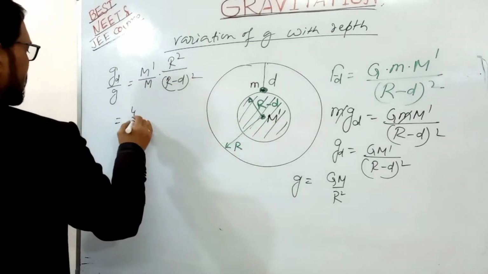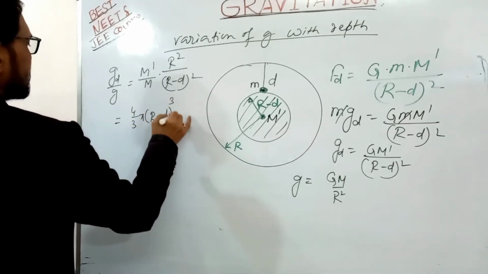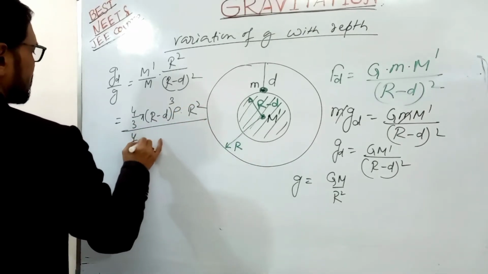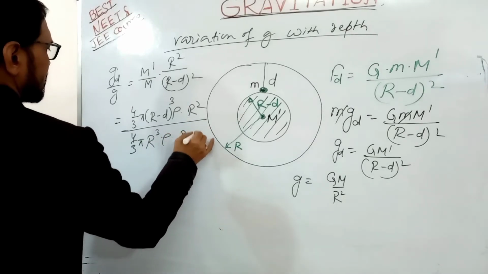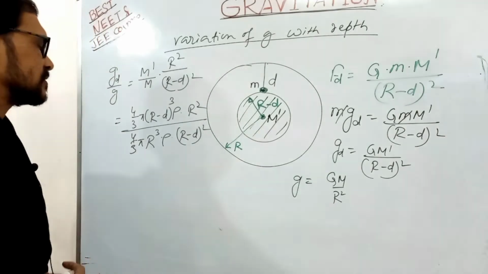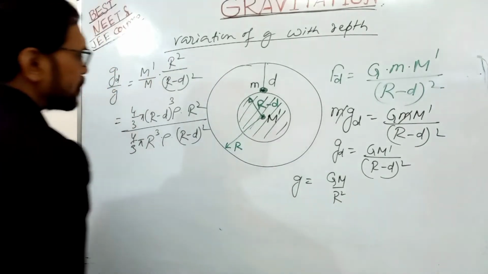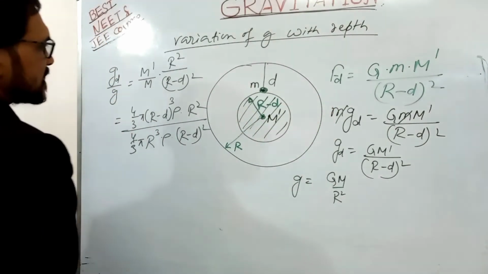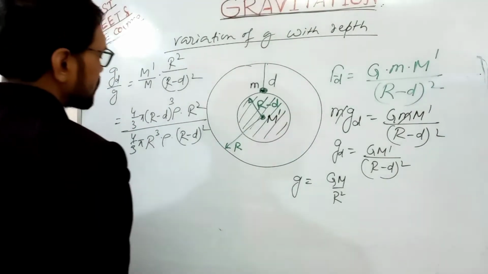Now what is the mass of the sphere m dash? It is volume into density, 4/3 pi r minus d whole cube into rho, where rho is the density. We consider that the density of the earth is uniform throughout, the same for all portions of the earth.